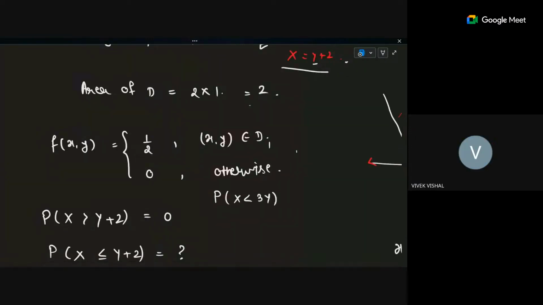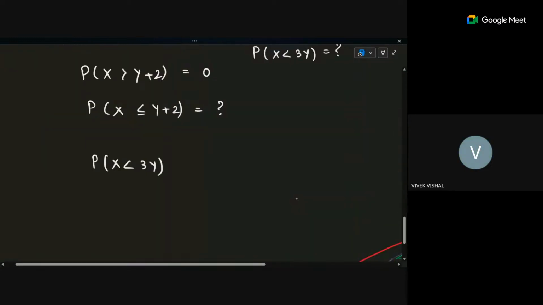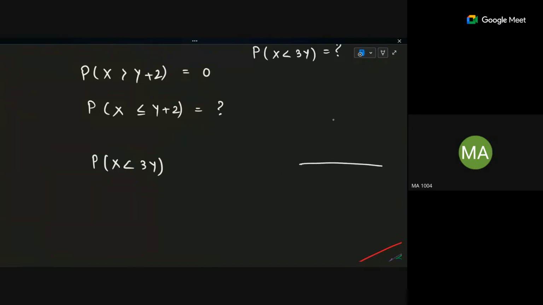Ma'am, what will be the graph of x greater than y when we take 2?